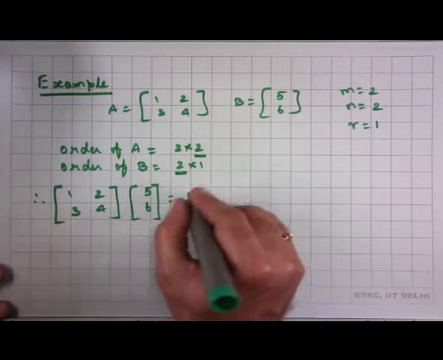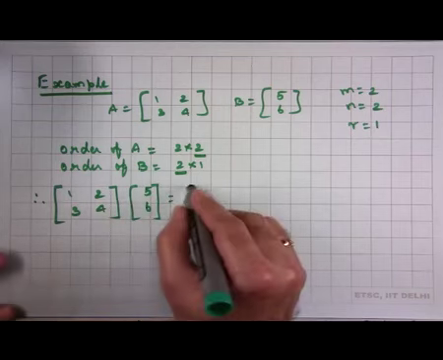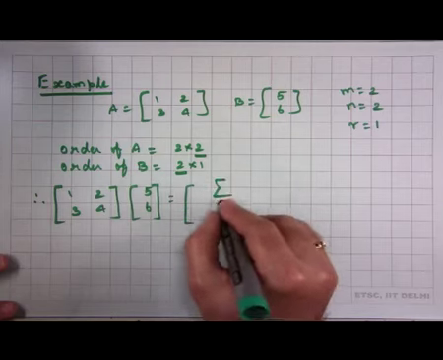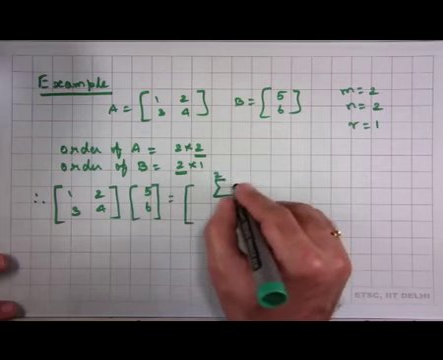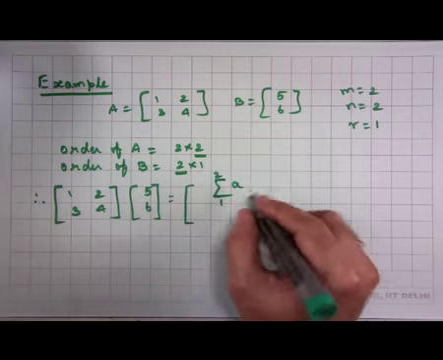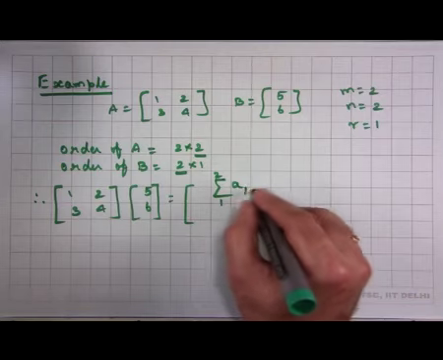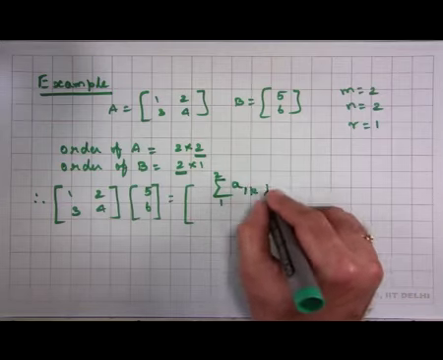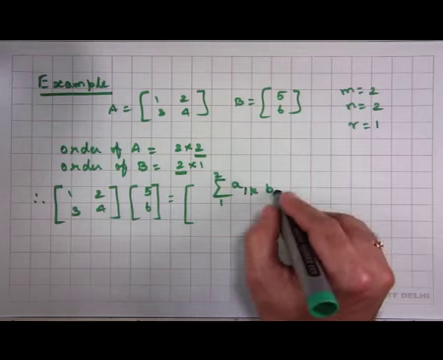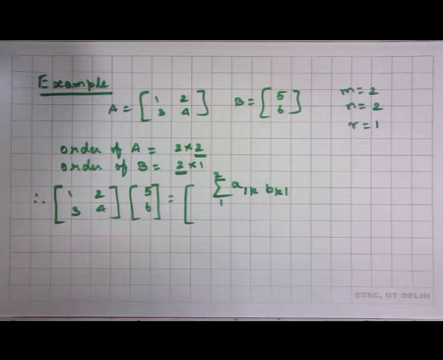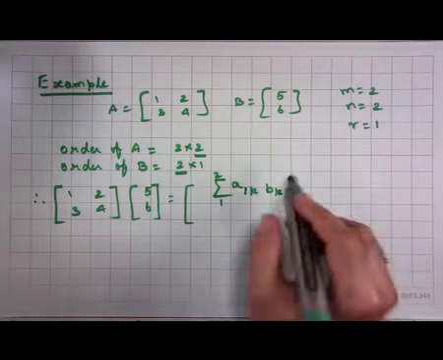this is going to give me the first entry, summation 1 to 2 A1k Bkj, it is only 1. So, I have only one column.